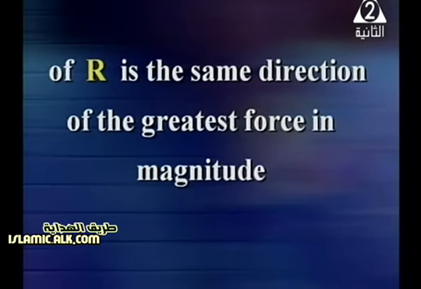Remember, dear student, if we have two forces in the opposite direction, the resultant is the absolute value of F1 minus F2, and the direction of R is the direction of the greatest force. If F1 is more than F2, then the direction of the resultant is the same as F1.